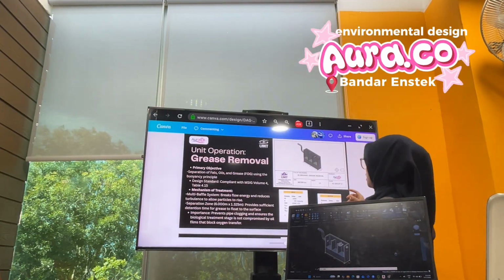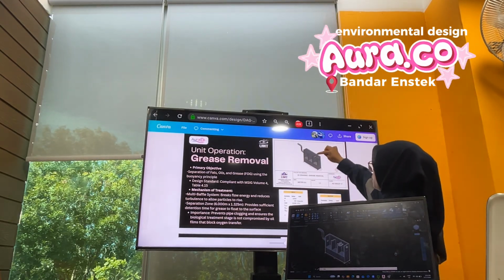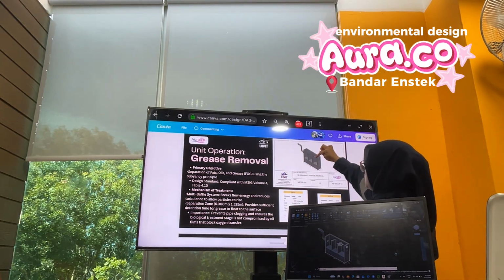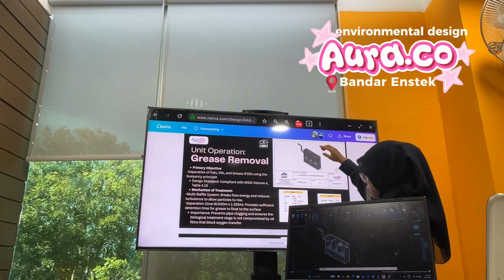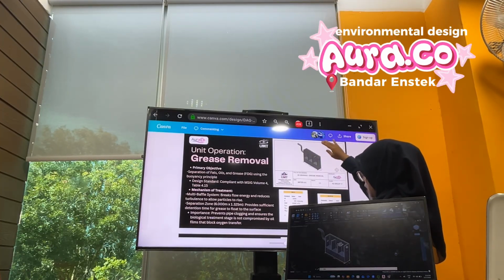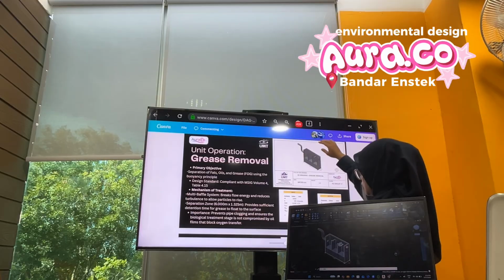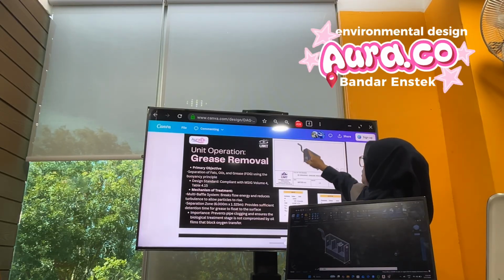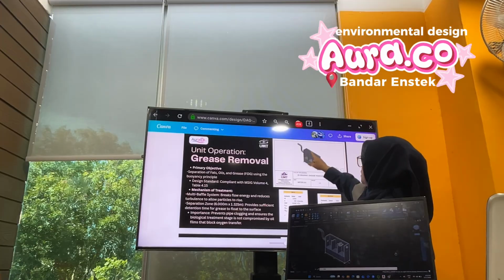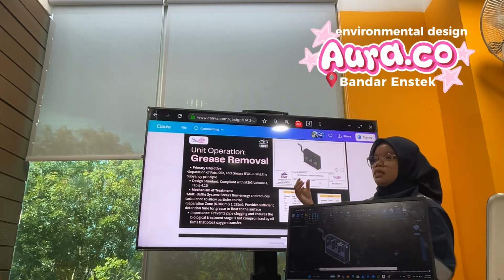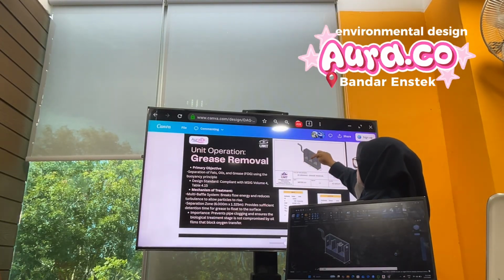transfer. The special part is we put the skimmer in there. Its function is to show how the floating oil is separated from the clean water. The water enters here, and the oil stays on this baffle.